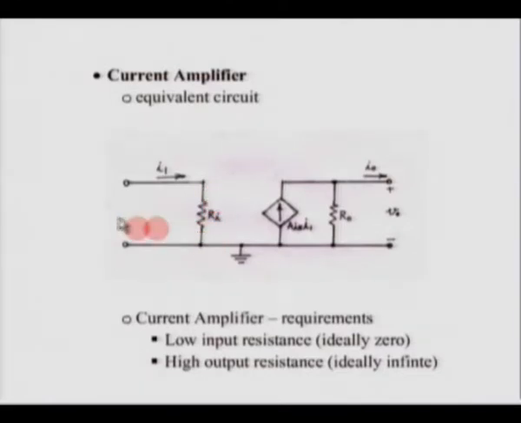If it is a short circuit here, then the input signal is a current signal, and if your input is a short circuit, then the entire current would flow through the input of the amplifier, and the output, you have a Norton equivalent there. Therefore, in an ideal case, in a current amplifier, we should have high output resistance, so that the entire current I naught flows through the load.